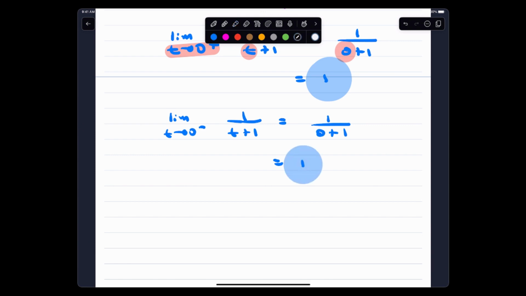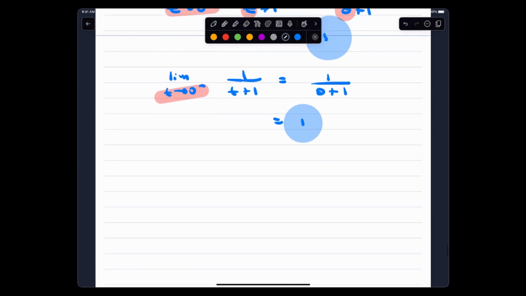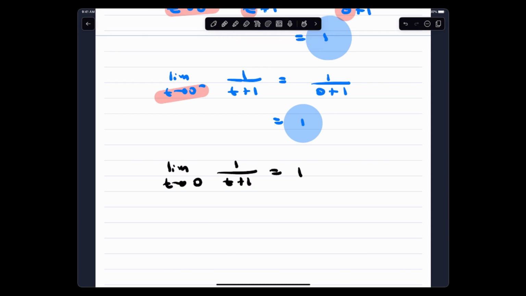So both directions. Limit as t goes to 0 of 1 over t plus 1 equals what? 1. And that is the what? That's the lesson.